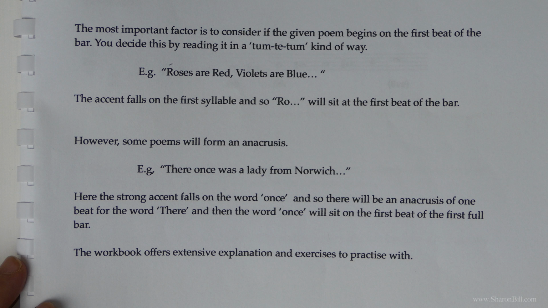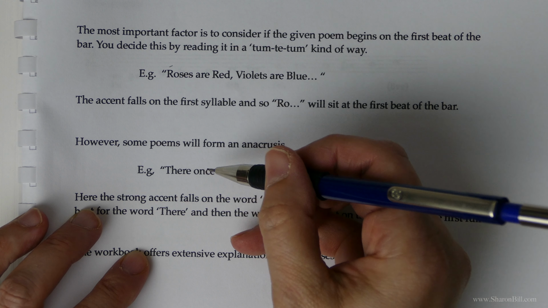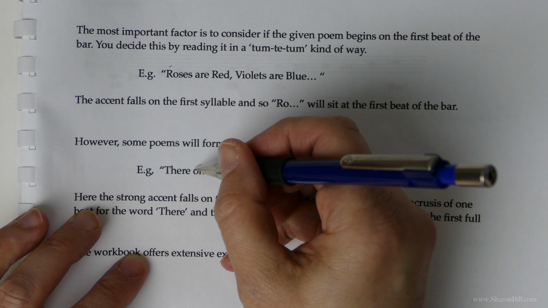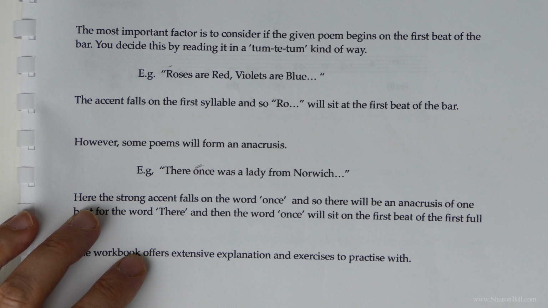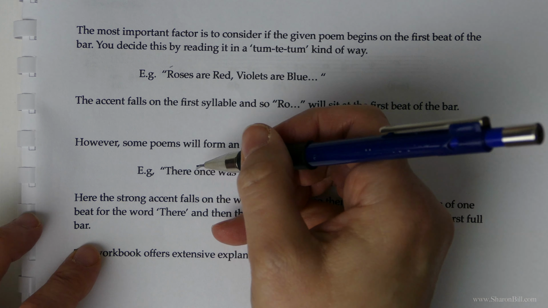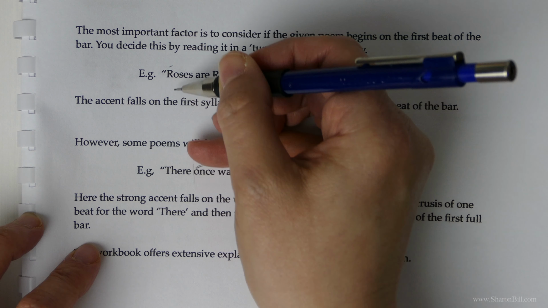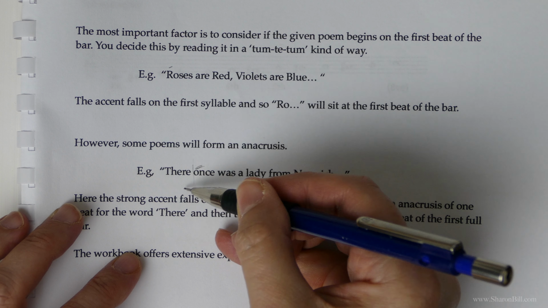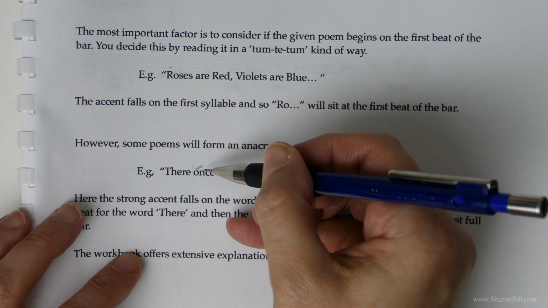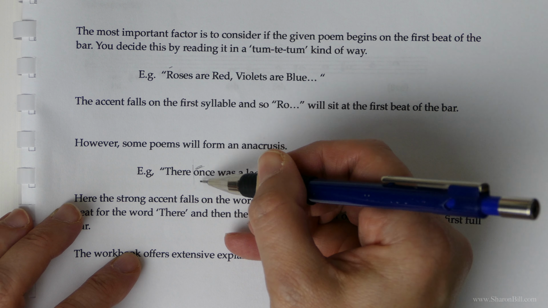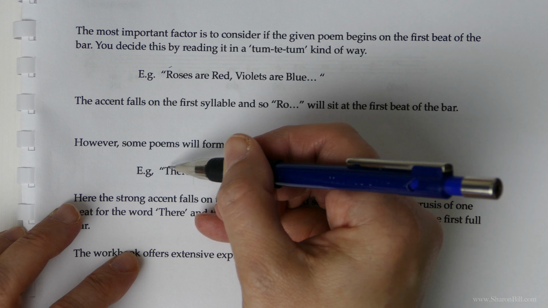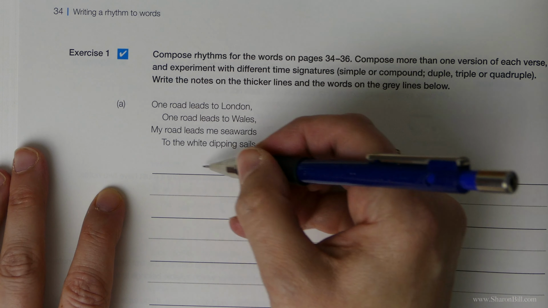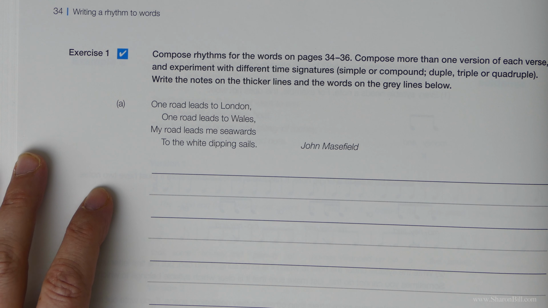However, with something like a limerick, there once was a lady from Norwich, there once is the first strong accent, and that accent, wherever it falls, must form the first beat of the bar. That's why you'd have an anacrusis here, because that will not be the first beat of the bar. There once must be the first syllable at the bar, and this would have to be a little upbeat beforehand. So first of all, we've got to decide where the actual beat falls, and that will tell us where the bar lines occur.